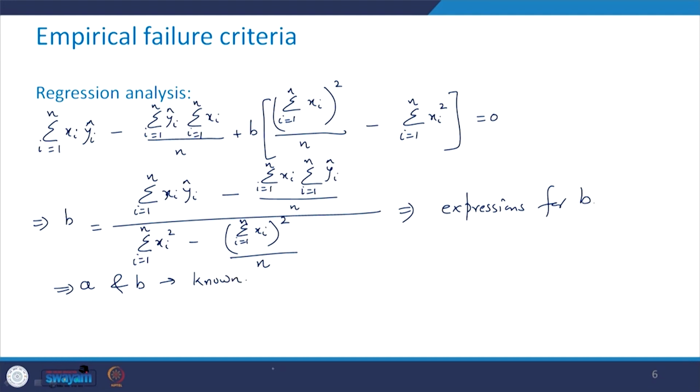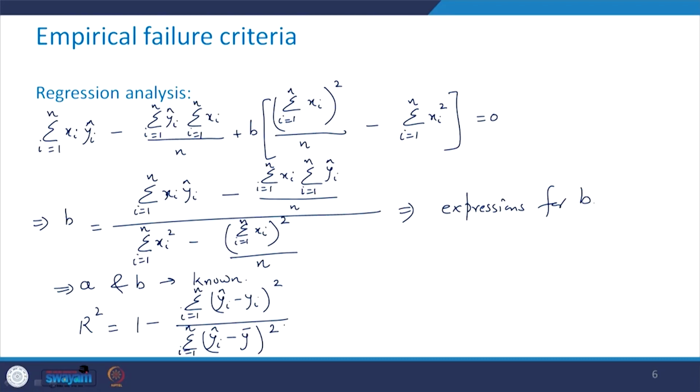Once it is known, I would like to see what exactly is the accuracy of that. So for that I would define an index, that is R square, which is 1 minus summation of i equal to 1 to n (yi cap minus yi) whole square, divided by summation of i equal to 1 to n (yi cap minus y bar) whole square.